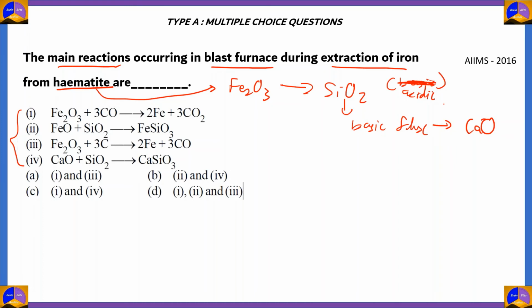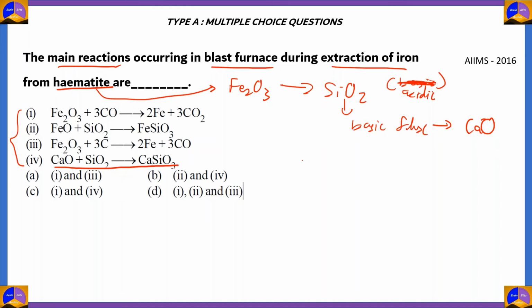So one of the reactions that happen in the blast furnace has to do with forming the slag of the flux, CaO, and the impurity, SiO2. So that is the 4th reaction, which is CaO plus SiO2 gives CaSiO3.